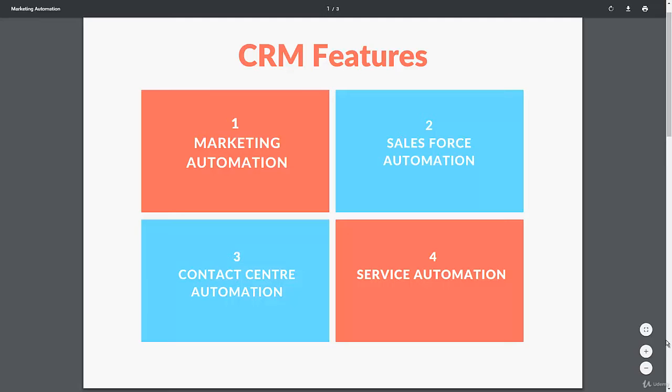So what is marketing automation? First let me define one thing to you. When you're talking about customer relationship management, how are we defining the customers? The customers are not only the people who are buying from us. In terms of CRM, we also mean customers to be our partners, our competitors, our vendors and also our customers.